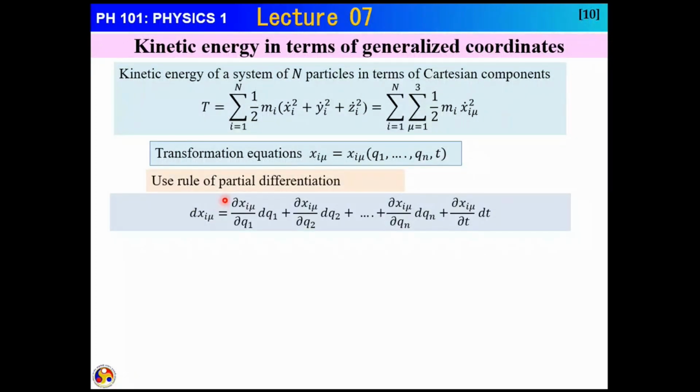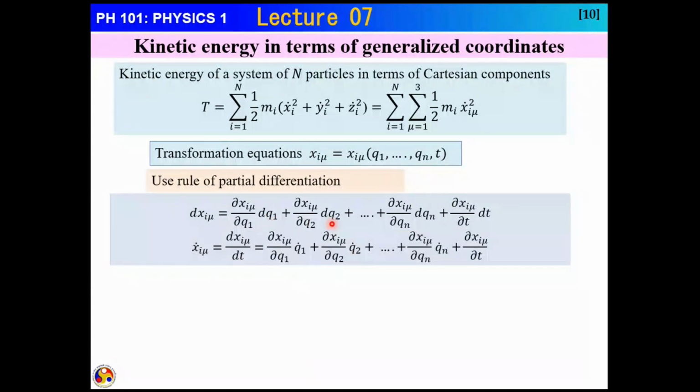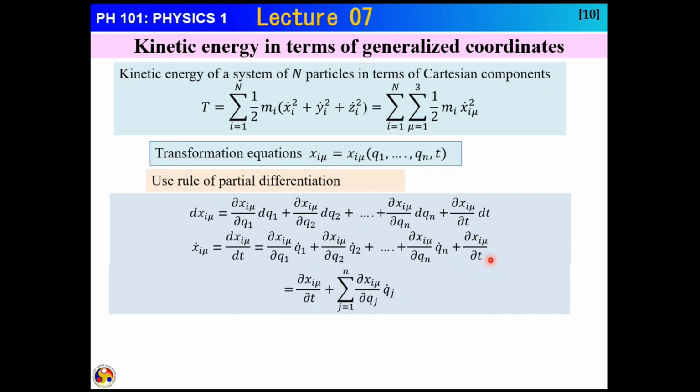So dx_i is the partial derivative with respect to q1, dq1, and so on. And at the end, differentiating with respect to t, you will get del x_i by del q_1 q1 dot and so on up to q_n dot. This you have learned in the first lecture slide.